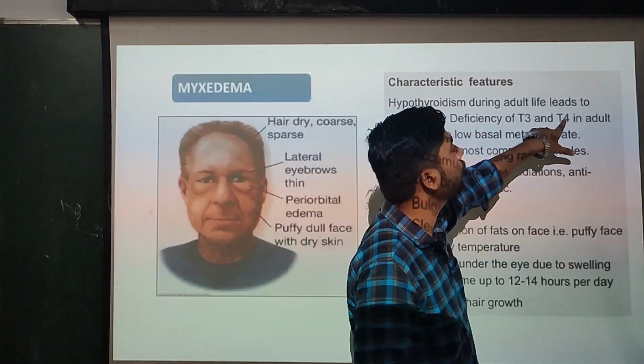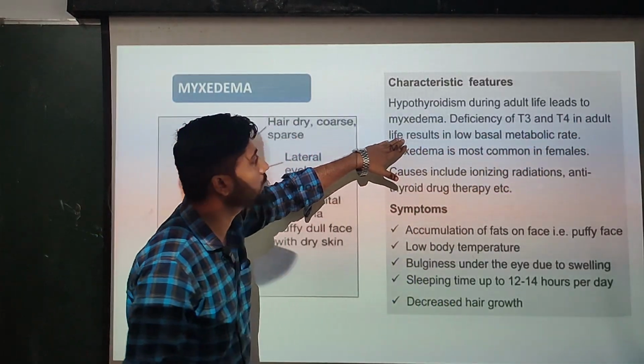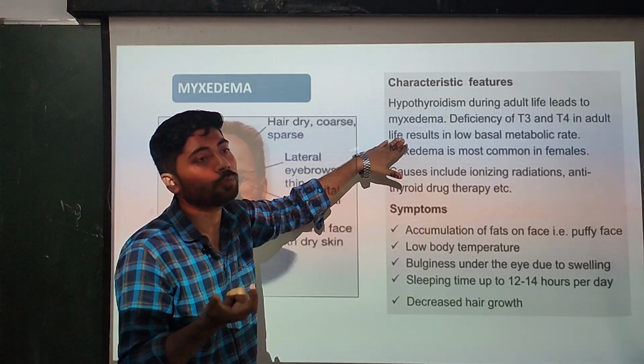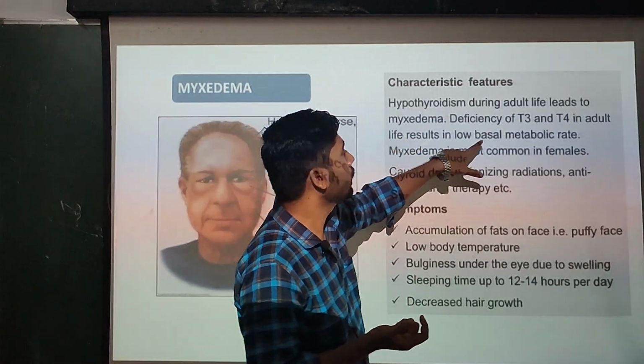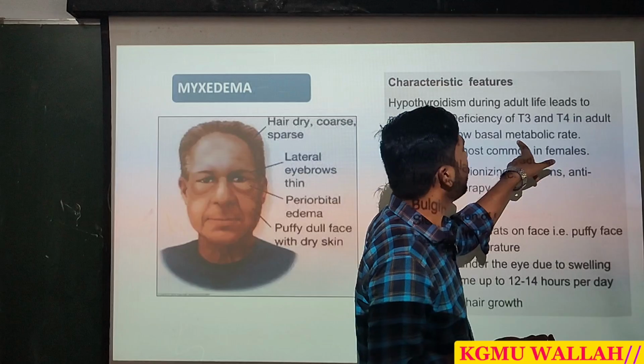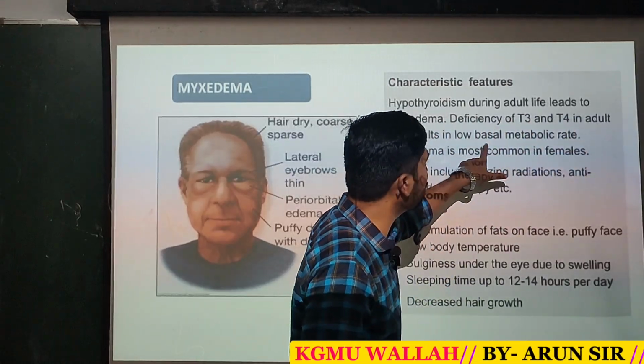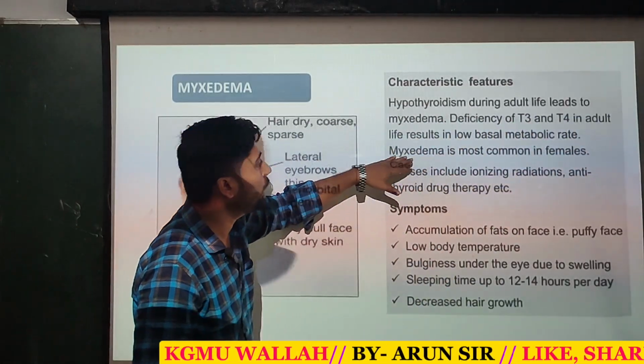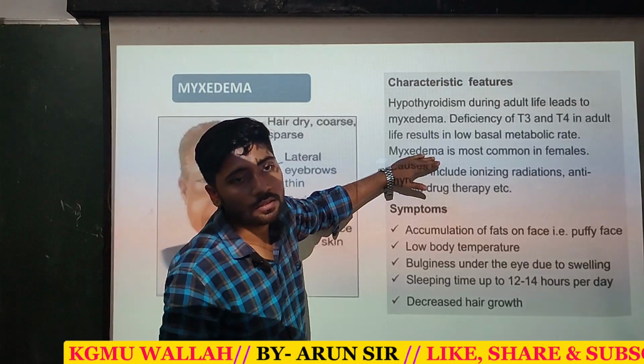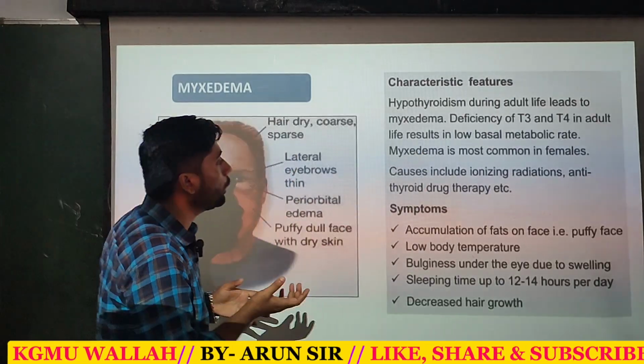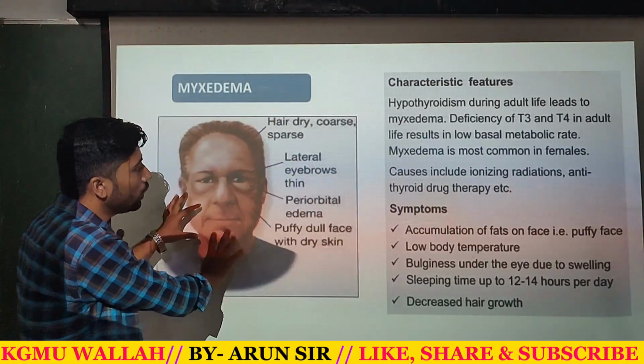Deficiency of T3 and T4 in adult life results in a low basal metabolic rate. His or her basal metabolic rate will be low, and myxedema is most common in females. It mostly affects females.